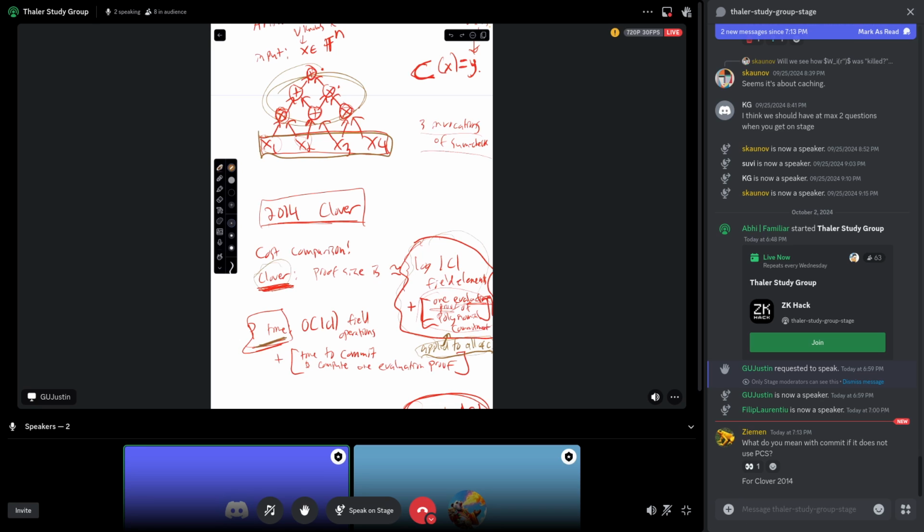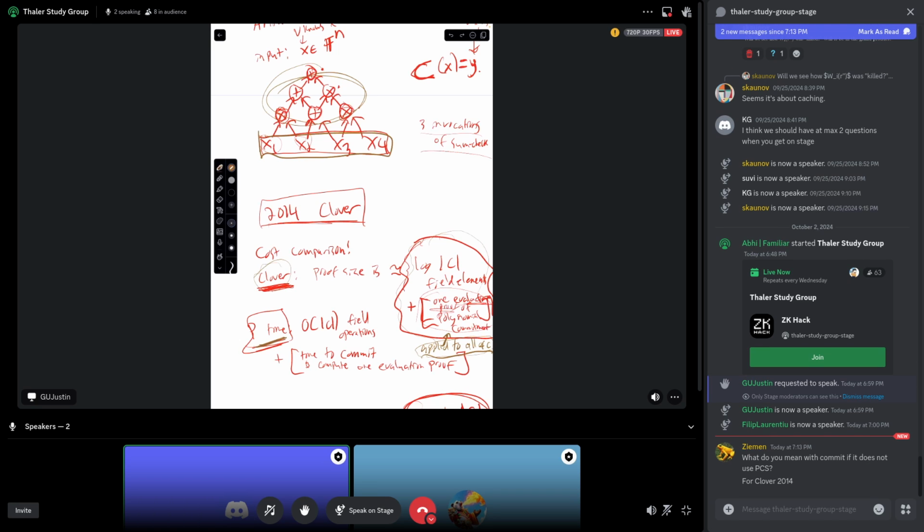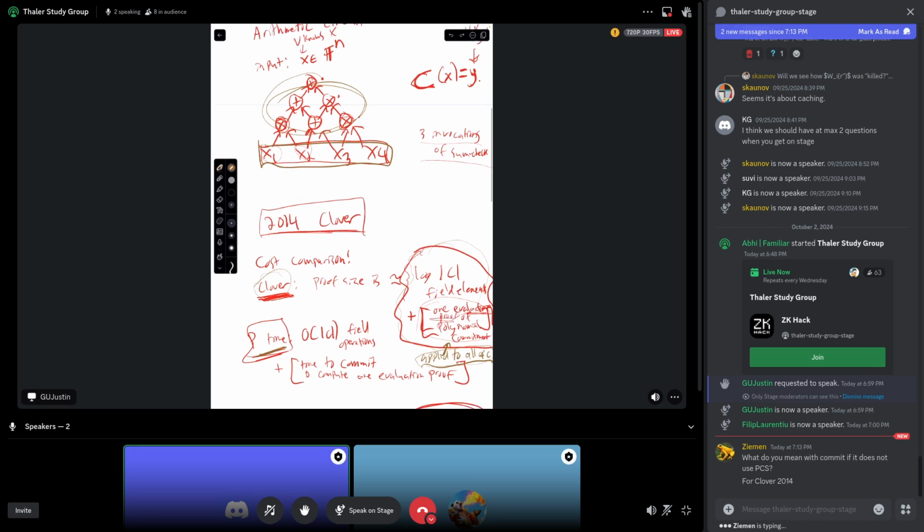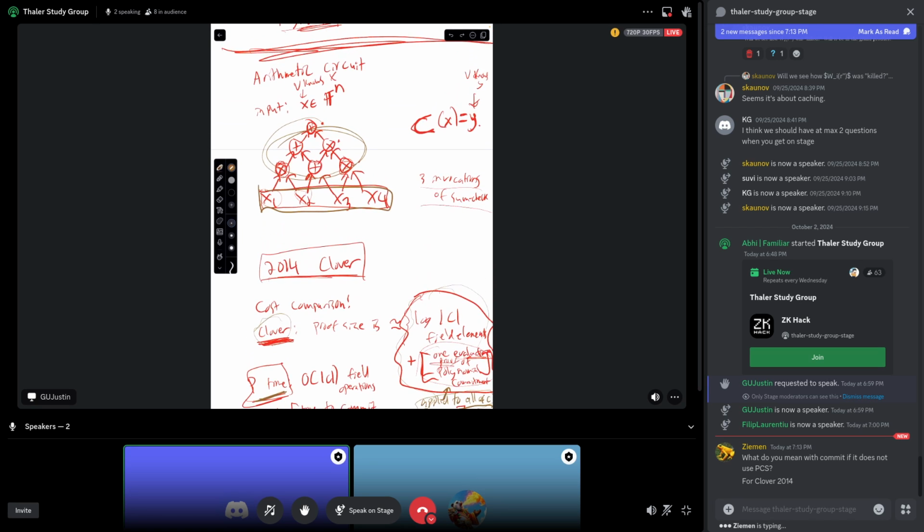But the reason there's a second prover at all is effectively to provide the same exact functionality that is provided by a polynomial commitment scheme. What is the point of a polynomial commitment scheme? It's so the prover can act as if it's sending a giant polynomial, but without sending it, because if it actually sent it, the proof would be huge.